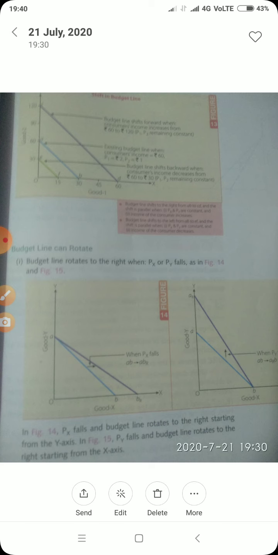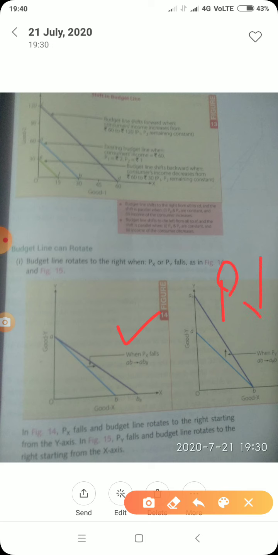After this also, the budget line can rotate to the left as well. When will it rotate? In this case, we have discussed that the price has decreased. Likewise, if the prices are increasing, what will be the effect? Again, the budget line, what will it do? It will shift towards the left.